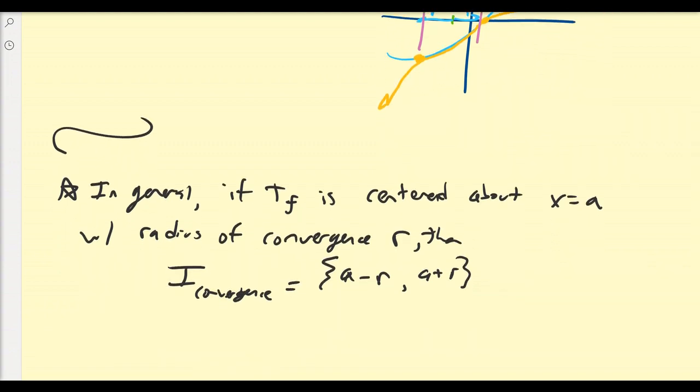Now whether you are to include these boundaries or not in the interval of convergence, we'll discuss that in the next video when we look into some of the details.